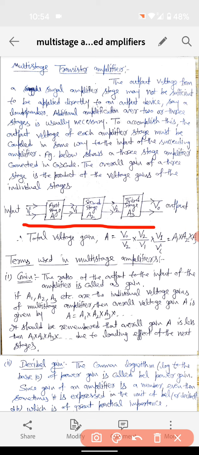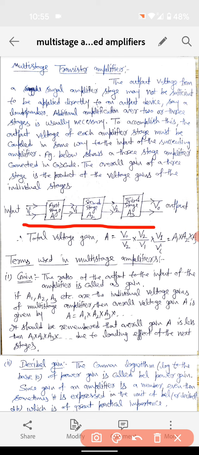That means the output of the first stage becomes the input for the second stage, and similarly the output of the second becomes the input of the third stage, and so on. Depending on our requirement and application, we can use as many stages as needed, but in general we use at least two or three stage amplifiers.